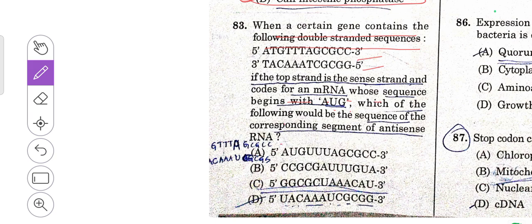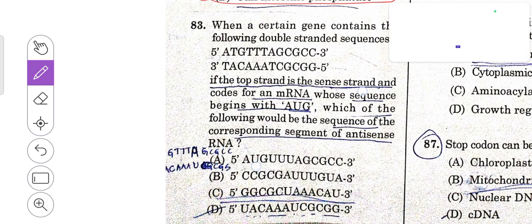So they are speaking regarding the mRNA. So here C is the right answer.